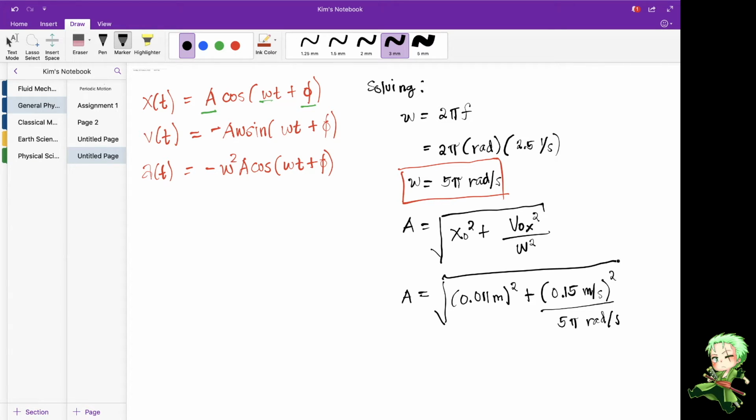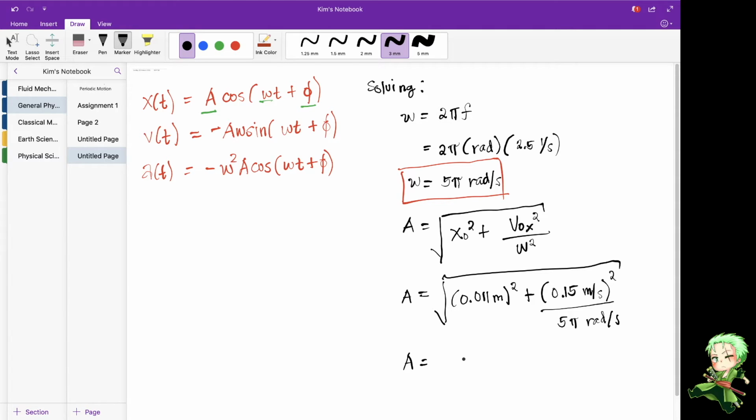Okay, in my calculation, I always show the units, because that's one way of finding whether you're actually working with the correct equations or you simply missed some parts. So you work with your calculator, you plug in these values: 0.011 squared plus 0.15 squared divided by 5 pi, and that should be squared.